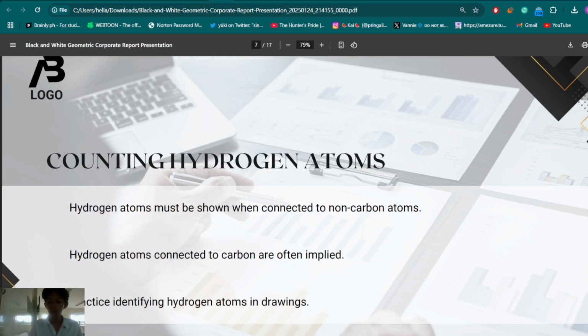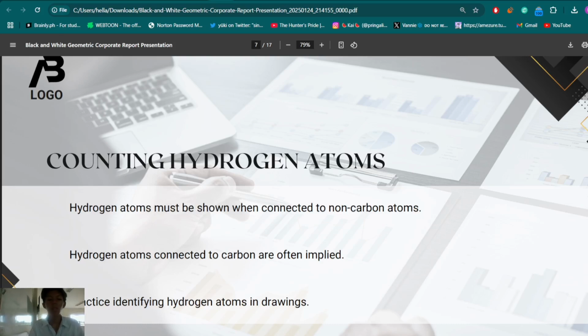Example: in this bond line drawing, these are the carbons: one, two, three, four, five, six carbons. And these are the hydrogens: one, two, three, four, five, six, seven, eight, nine, 10, 11, 12, 13, 14. And that's how you count hydrogen atoms.